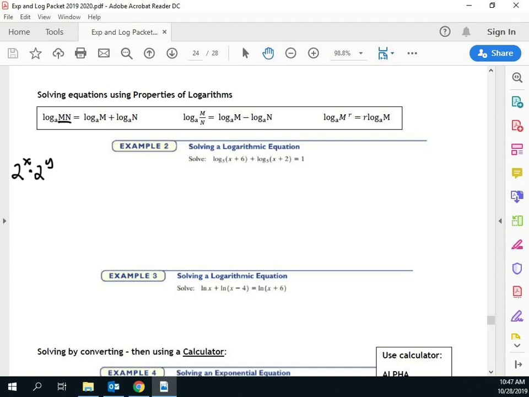How can I rewrite that? 2 to the x plus y. So what happens is we have two arguments here, if you look back at the box, that are being multiplied. We can expand that by adding them together. So the log sub a, the log of m, plus log of n. You add those together. Or log of m and n.